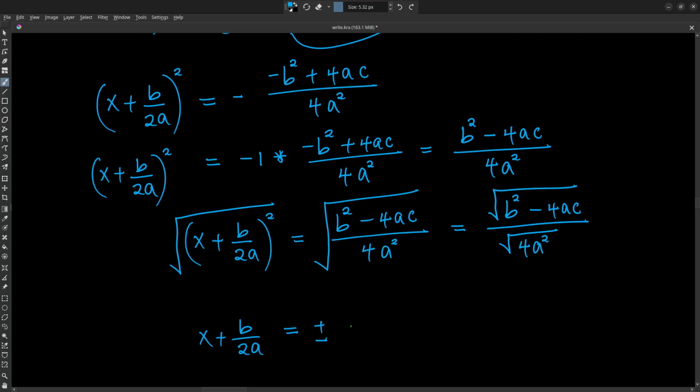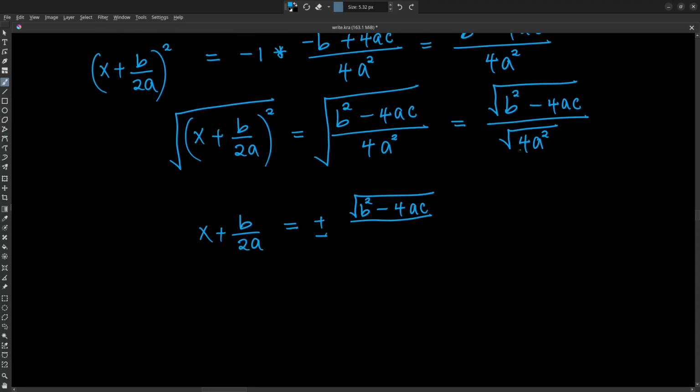So now in the numerator, we still have the square root of b squared minus 4ac. But what about the denominator? What is the square root of 4a squared? Finding the square root of 4a squared is the same as we first find the square root of 4 and then the square root of a squared. So what is the square root of 4? The square root of 4 is 2. The square root of a squared is going to be a. Okay, so that's the right side of the equation.